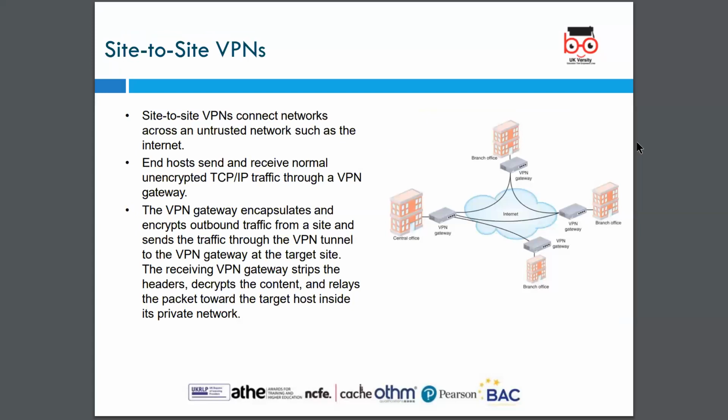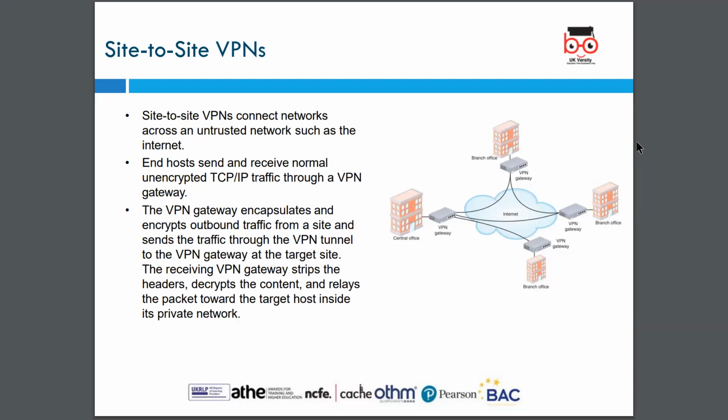Okay, so when it comes to an organization, there are various types of connectivity we can create. One of them is site-to-site VPNs. What this does is connect networks across untrusted networks, such as the internet, with a trusted one.